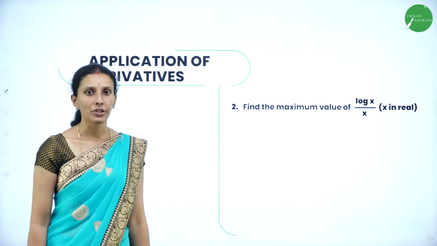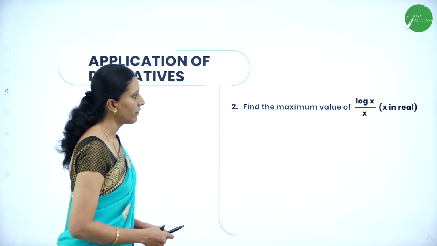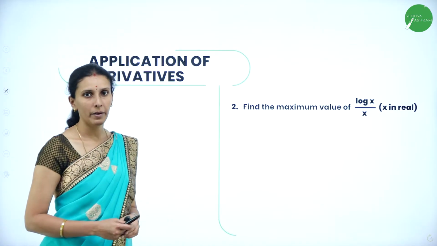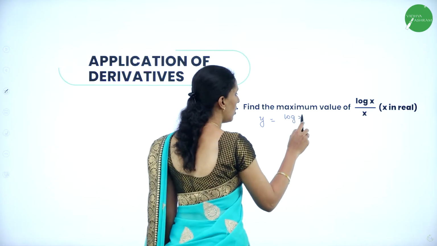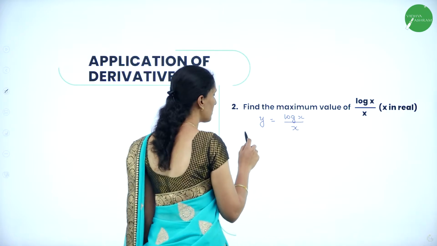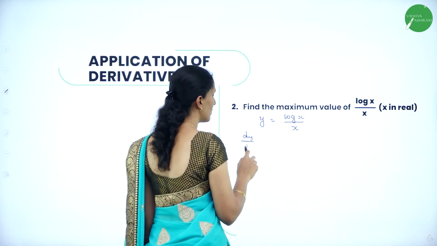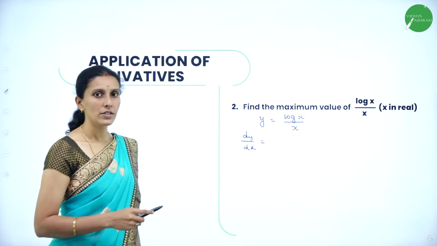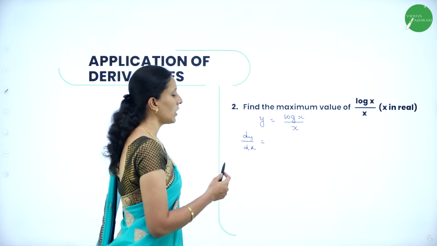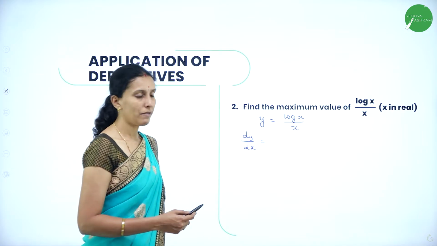Next question we have, find the maximum value of log x divided by x. So, we have given y is equal to log x by x. Let's put dy by dx. This is in the form of u by v. What does u by v say? vu dash minus uv dash divided by v square.